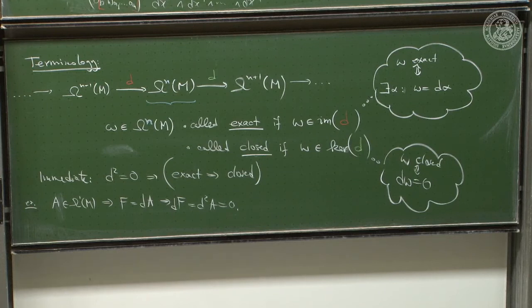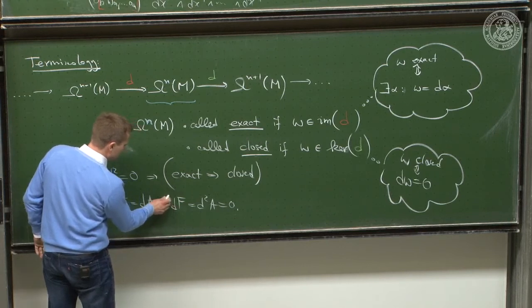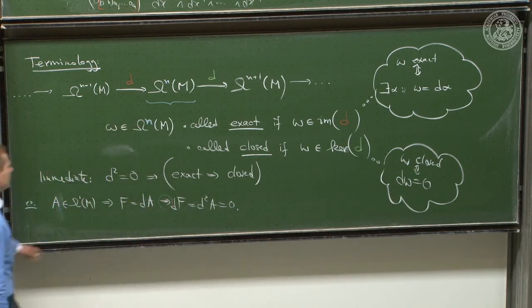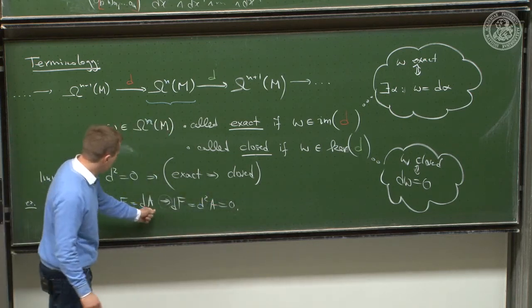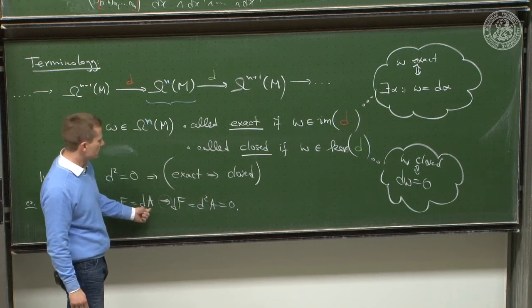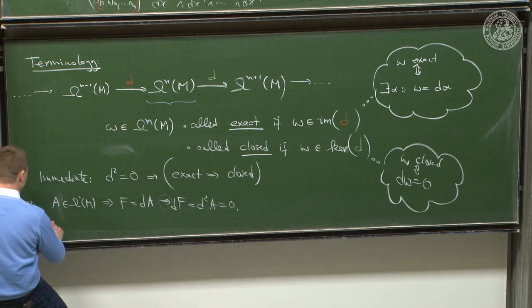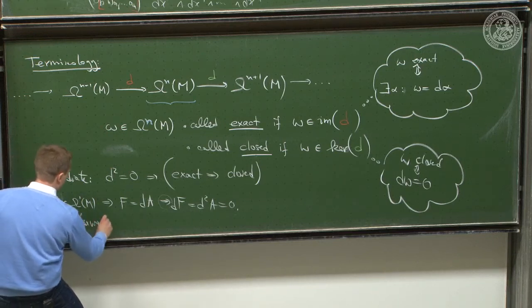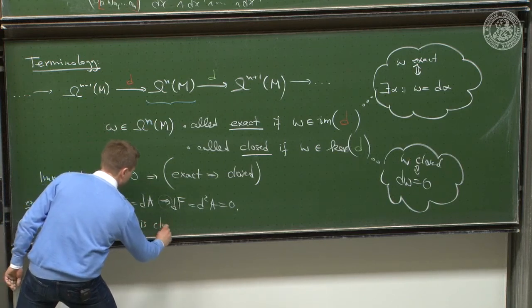But the question is whether you can actually take this implication arrow and turn it around. Can you already conclude from the homogeneous Maxwell equation that there is an A such that F is exact? The homogeneous Maxwell equations say that the field strength is closed.